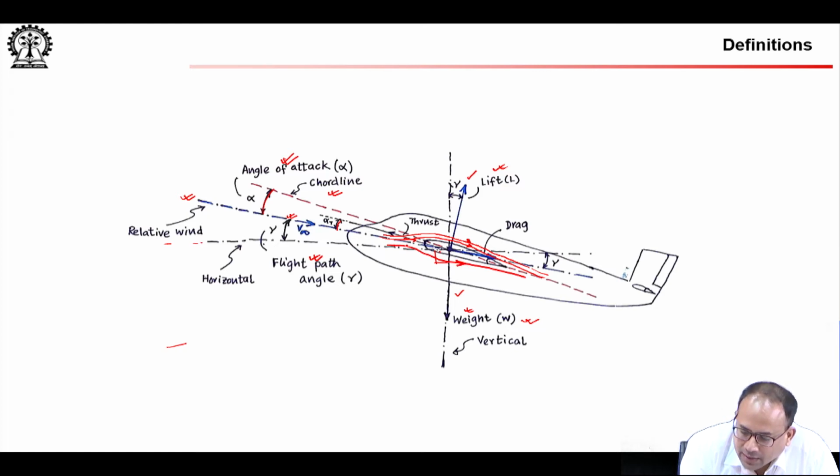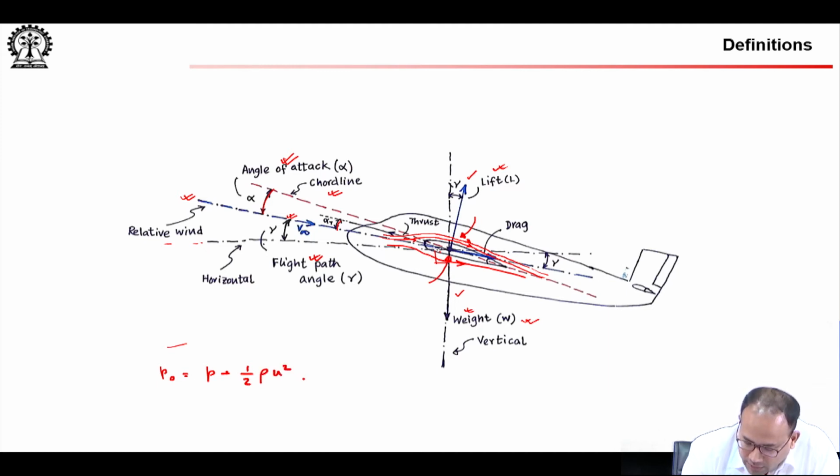During this motion of air over and below the airfoil, the velocity of air on the top surface on the average is higher than the velocity of air on the bottom surface on the average. Sometimes you can model it using Bernoulli's theorem, which is essentially P naught is equal to P plus half rho u square.